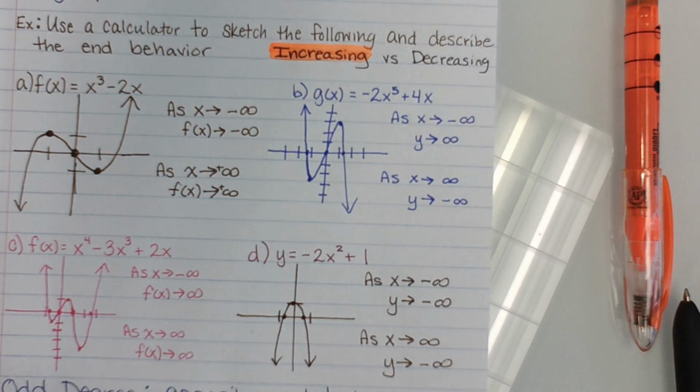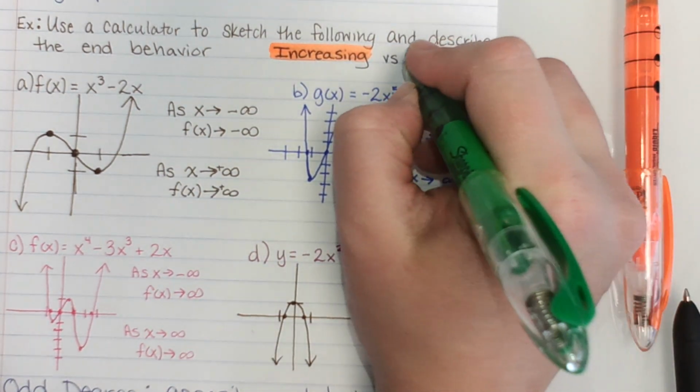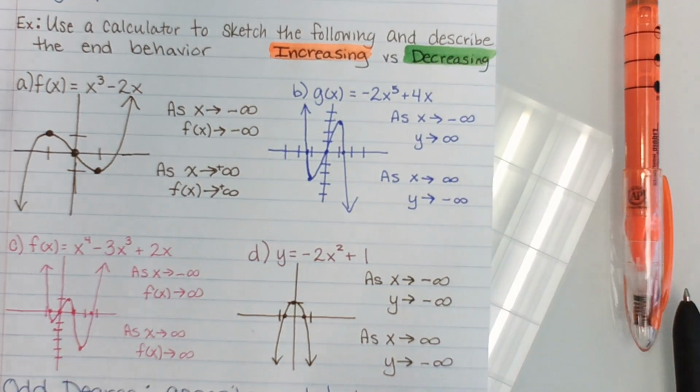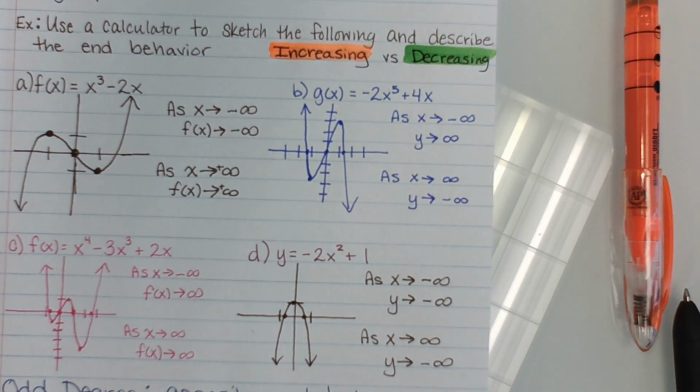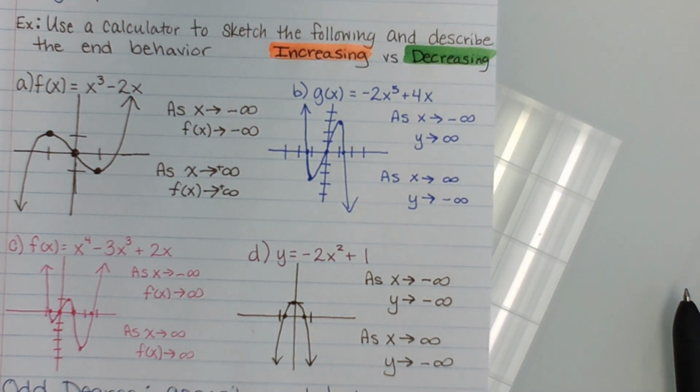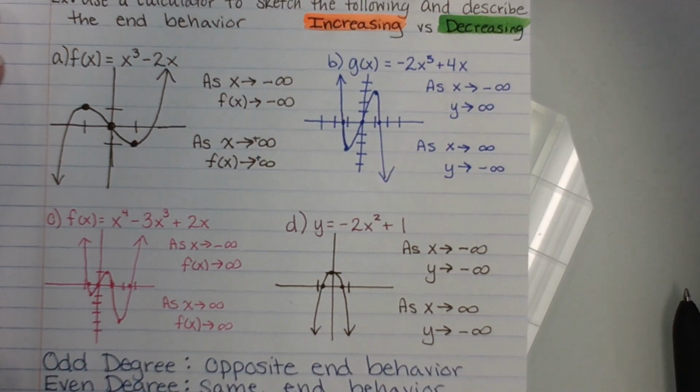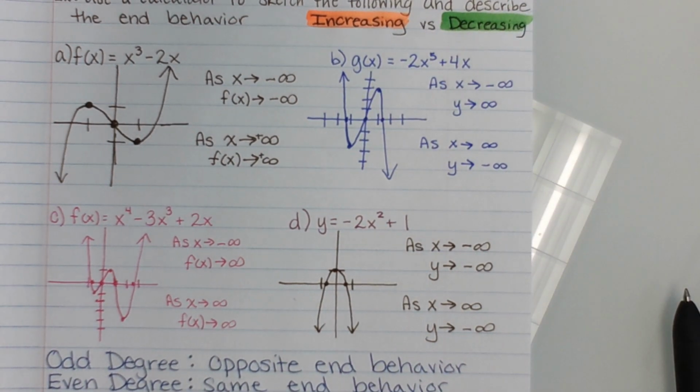I'm going to make decreasing green. To read increasing or decreasing is like reading positive versus negative slope. You always read a graph from left to right.